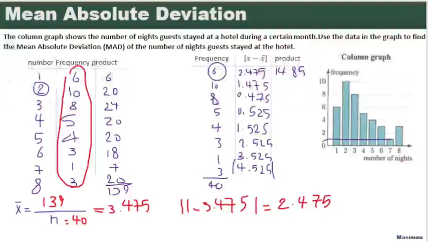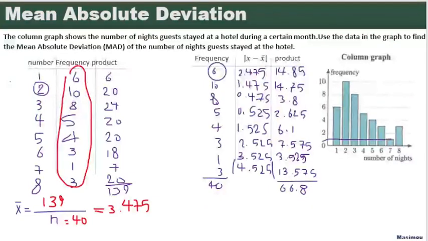I will go further to write the product of these two values for all of them. I write all the values of the product of each row, which means frequency times the absolute deviation of each data, in the third column, and in the total I add all the data up. The sum of all this data equals 66.8.